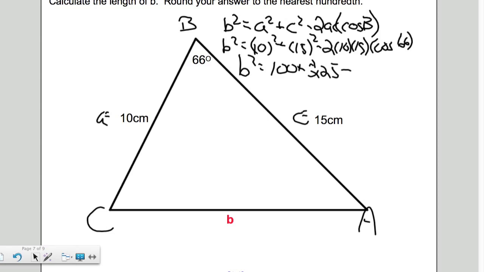So it's basically 300 times the cos of 66. What is that? 122.02. So b squared is equal to 325 minus 122, which gives me 202.98.